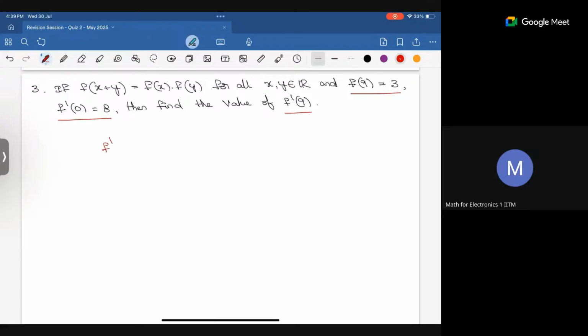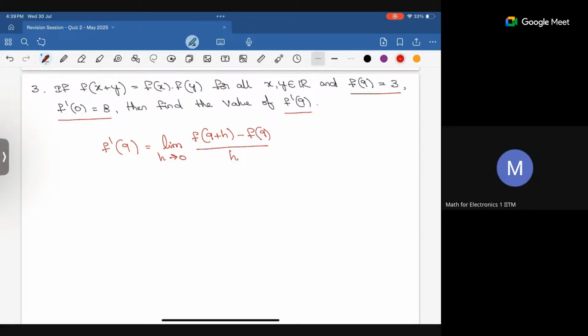So f prime of 9, if I write it in the limit definition, will be equal to limit h tends to 0 of f of 9 plus h minus f of 9 divided by h.